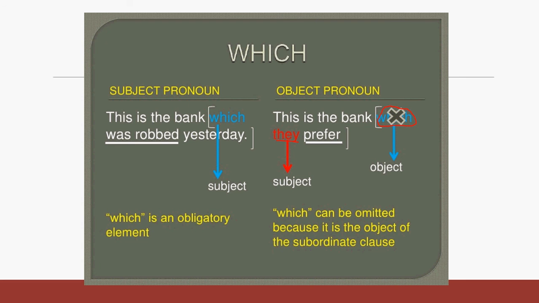So, in other words, para reconocer cuando tenemos un relative clause como subject pronoun, tenemos que fijarnos que después del subject pronoun venga un verbo. En cambio, cuando sea objeto, después del object pronoun va a venir un sustantivo. Esa es la forma más fácil de diferenciar la una de la otra.